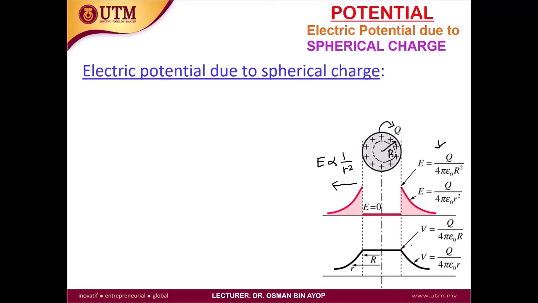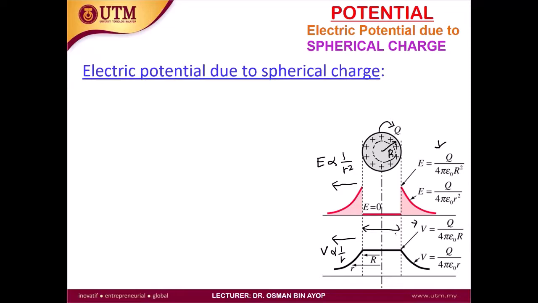At the surface of the sphere, the potential is equal to Q divided by 4πε₀r. While moving away from the surface of the sphere, we can see that the voltage drops by a factor of 1/r. But what happens inside the hollow sphere?